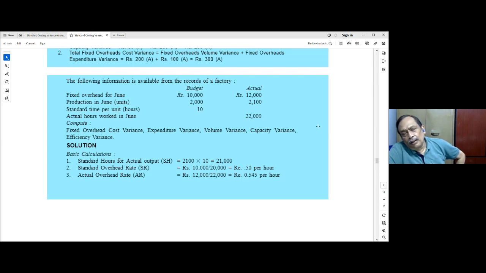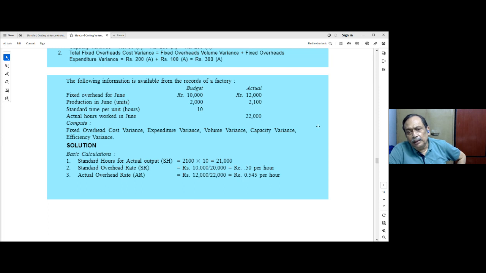Now, before preparing the computational table, we are required to make some basic calculations. Number one, standard hours for actual output, termed as SH.